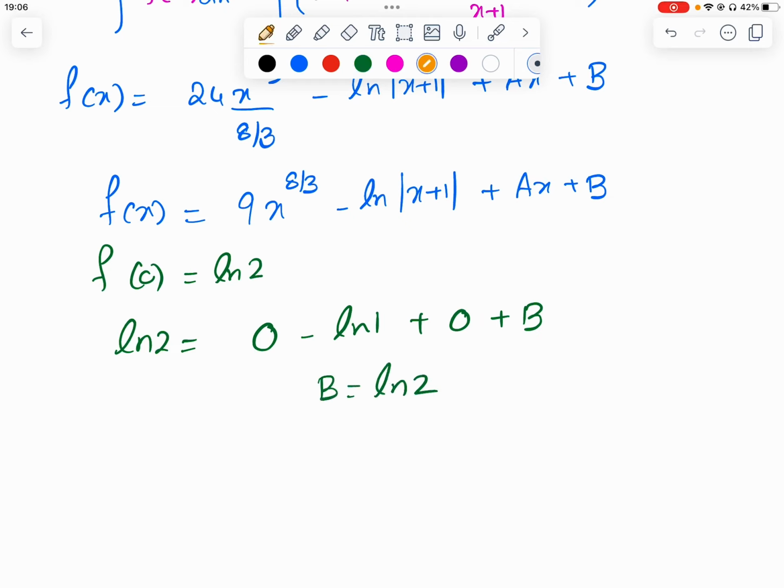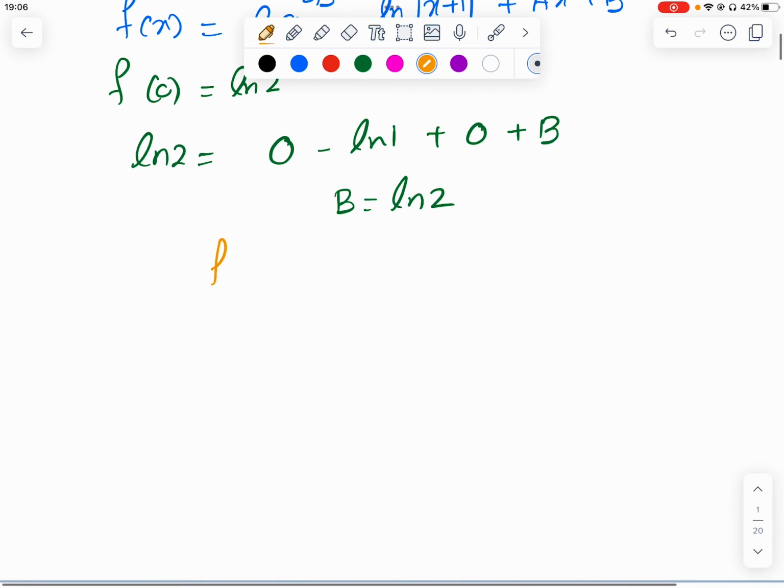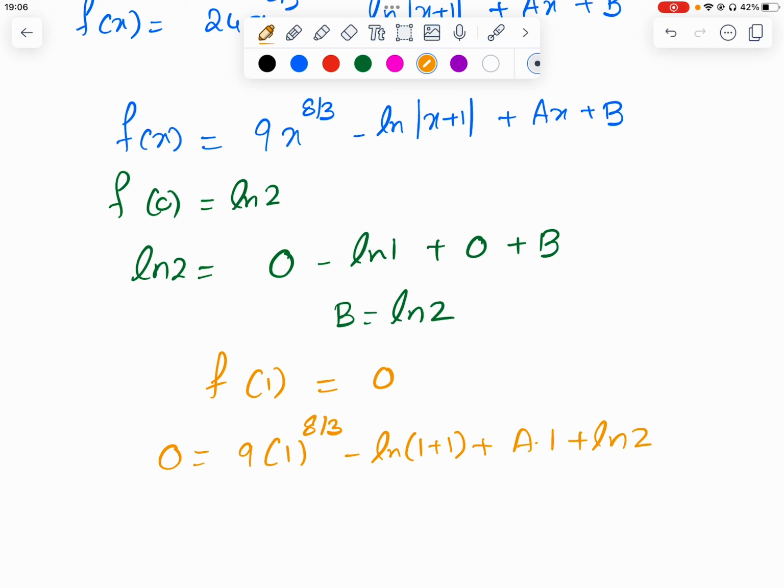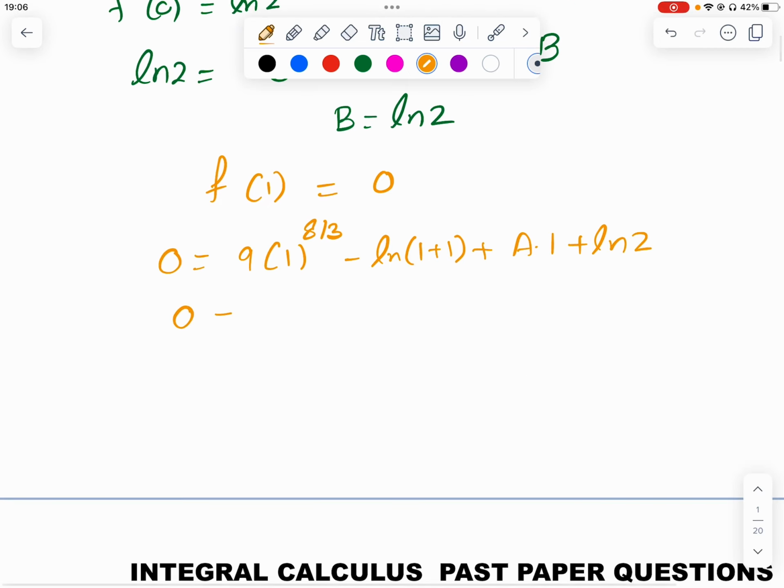Now I use another condition. What is the other condition? f of 1 is 0. So 0 equals 9 times 1 power 8 upon 3 minus ln of 1 plus 1 plus a times 1 plus ln 2, because the b value was ln 2. So 0 equals 9 minus ln 2 plus a plus ln 2.